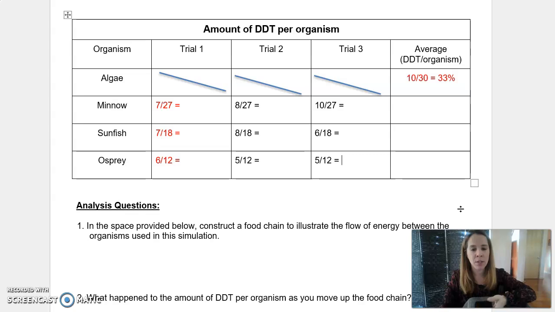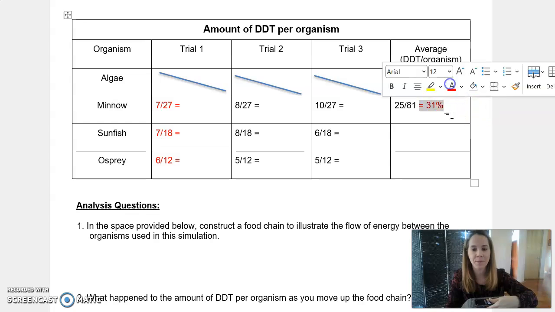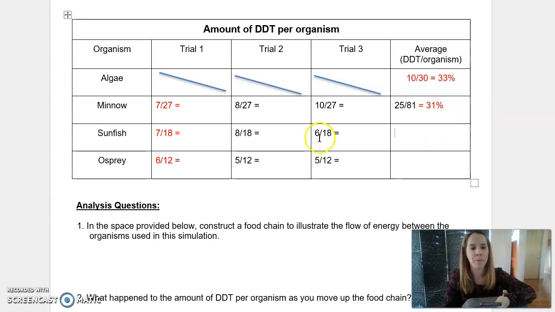So in the minnows, we're going to have a total of, let's see, 7 plus 8 plus 10, 25 over 81, which equals roughly 31%. There we go, 31%. Okay. I'm going to delete all those.